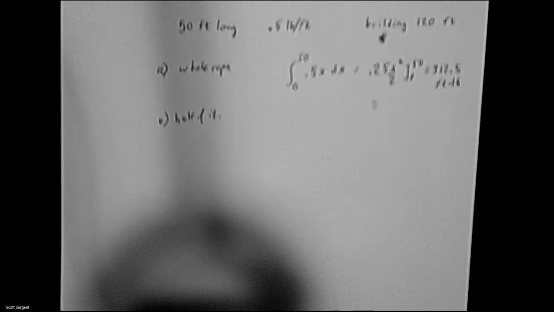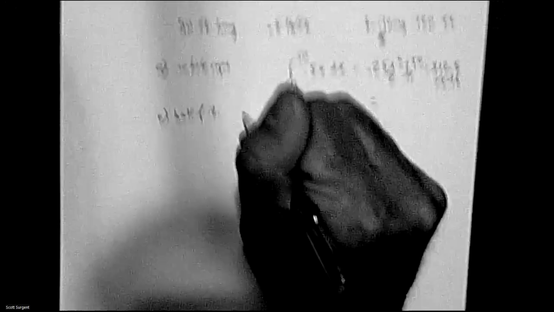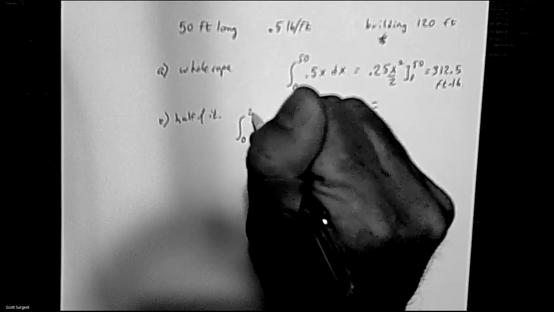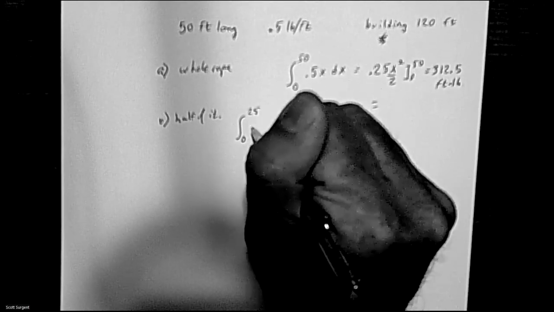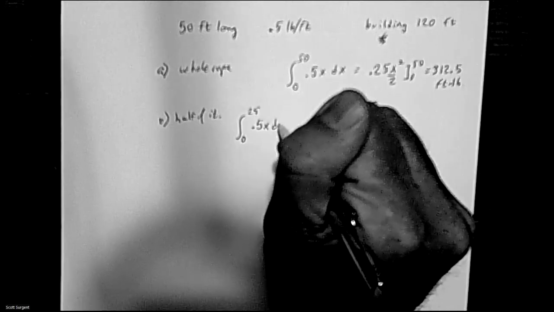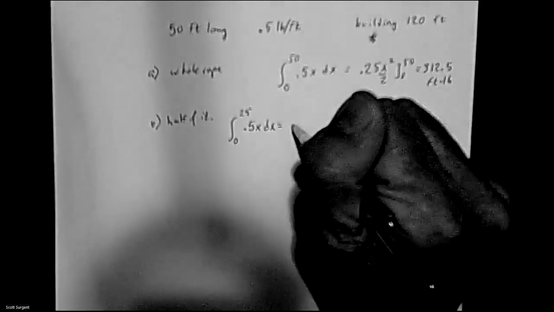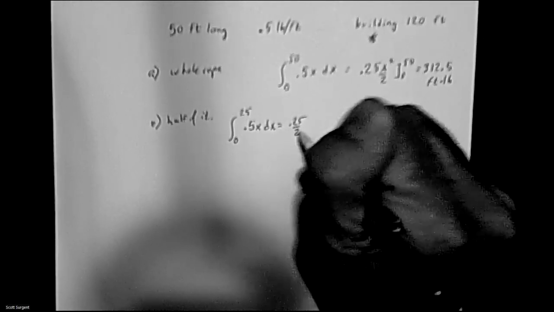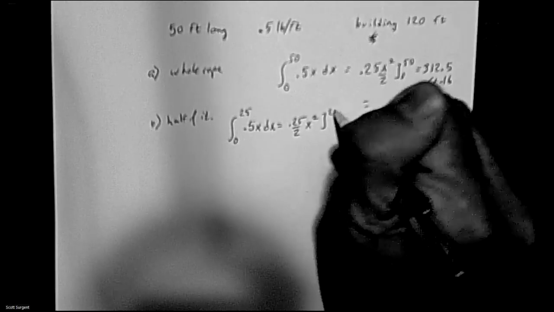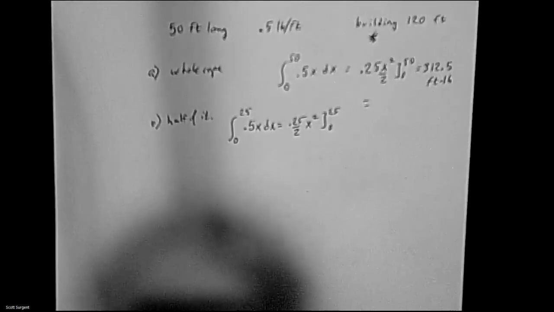For the next one, ironically enough, you're only pulling up half of it, same basic integral. You get 0.25 over 2 x squared from 25 to 0. Now, this isn't the complete problem. Let me get the number for this. 25 squared times 0.25 divided by 2.